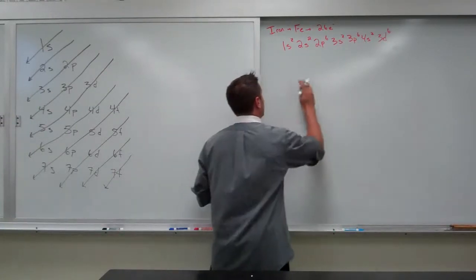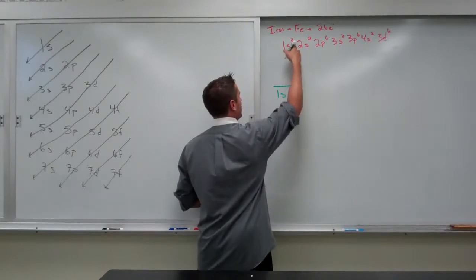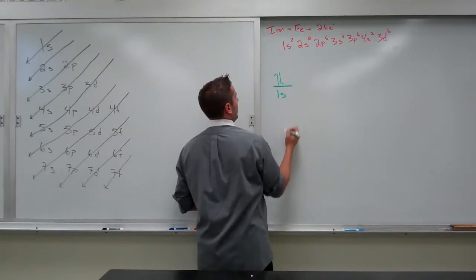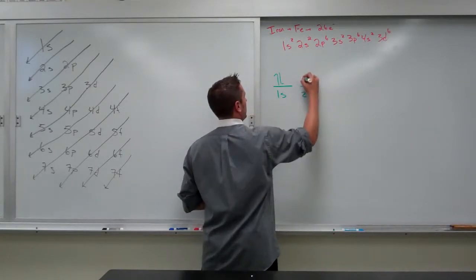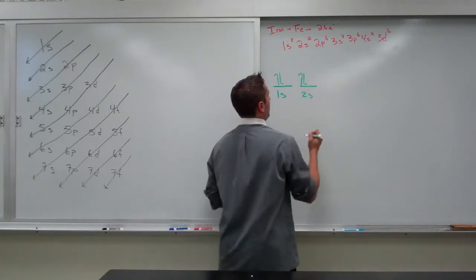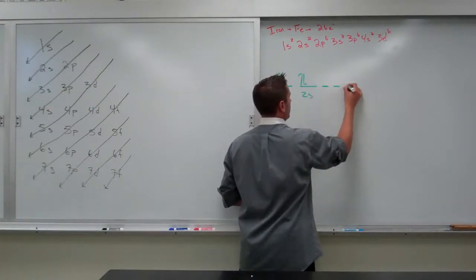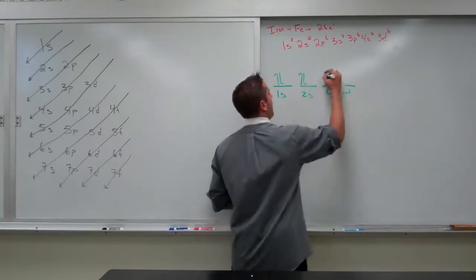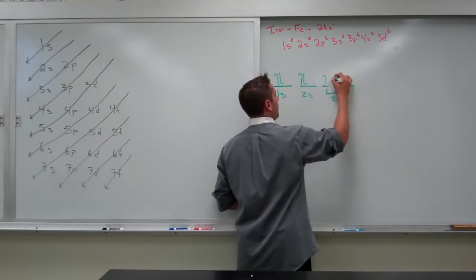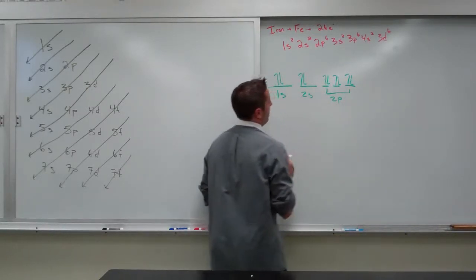So if I go to fill this out, I'll have a 1s, it has 2 electrons, it's an up and a down. 2s, it's an s, so just 1 line, 2 electrons, up and a down. 2p is a p, so 1, 2, 3 lines, all 2p, and then we need 6, so up, up, up, down, down, down.